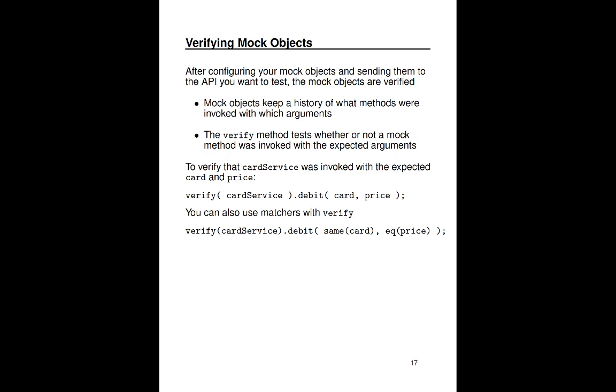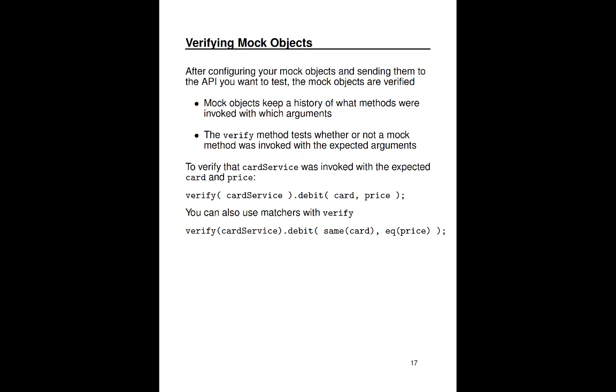So we've seen how to create a mock object with the mock method. We've seen how to configure the behavior of a mock object with the when method. And so once you've got your mock objects all configured, you send them to the code under test. The code under test interacts with them. And then you can verify that the mock objects were interacted with in the way that you expect.